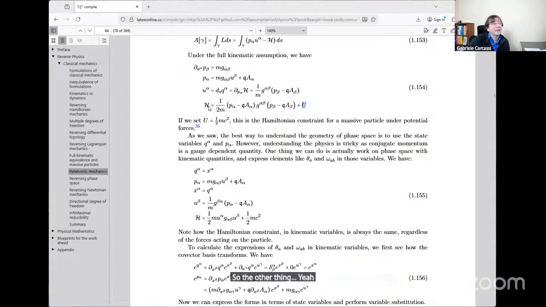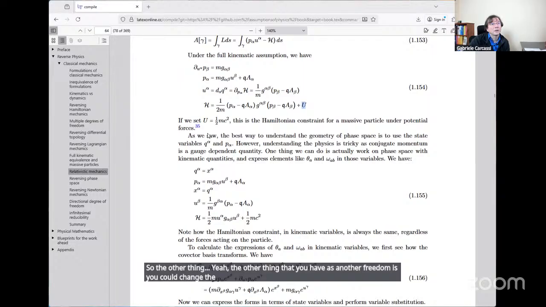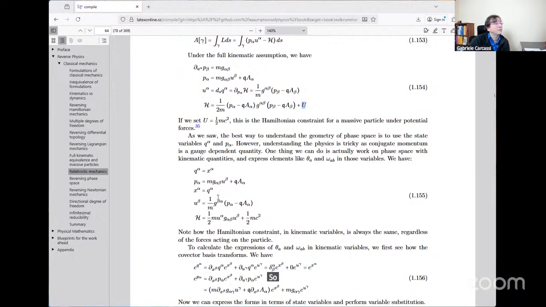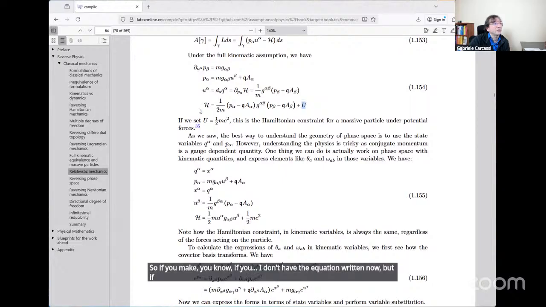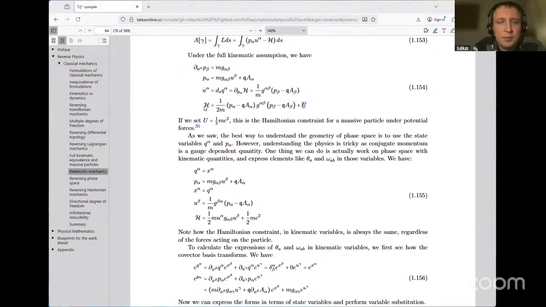The other thing that you have as another freedom is you could change the affine parameter. I don't have the equation written now, but if you make a change of h, you can make the dynamics the same, but you're just changing the affine parameter. Yeah.